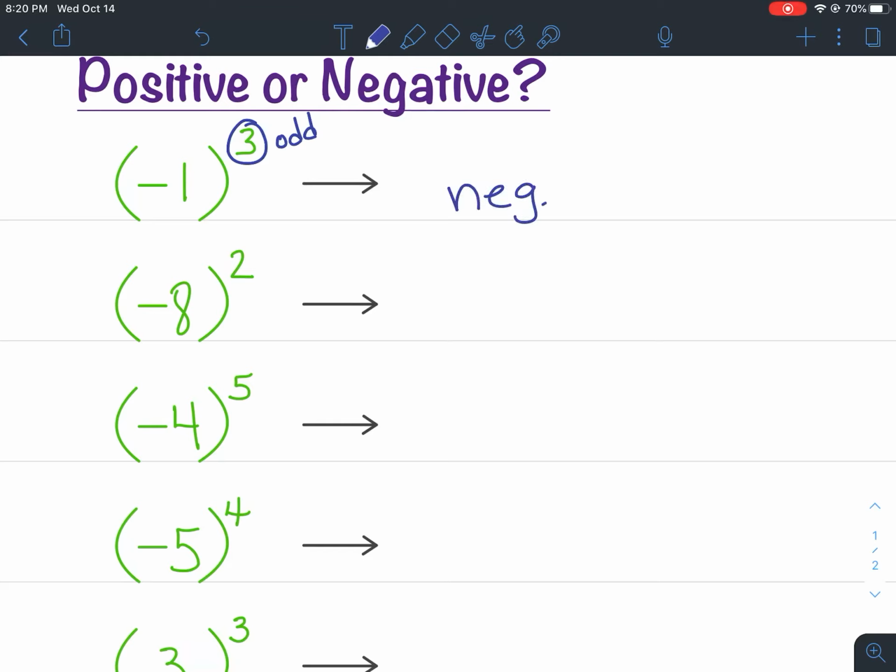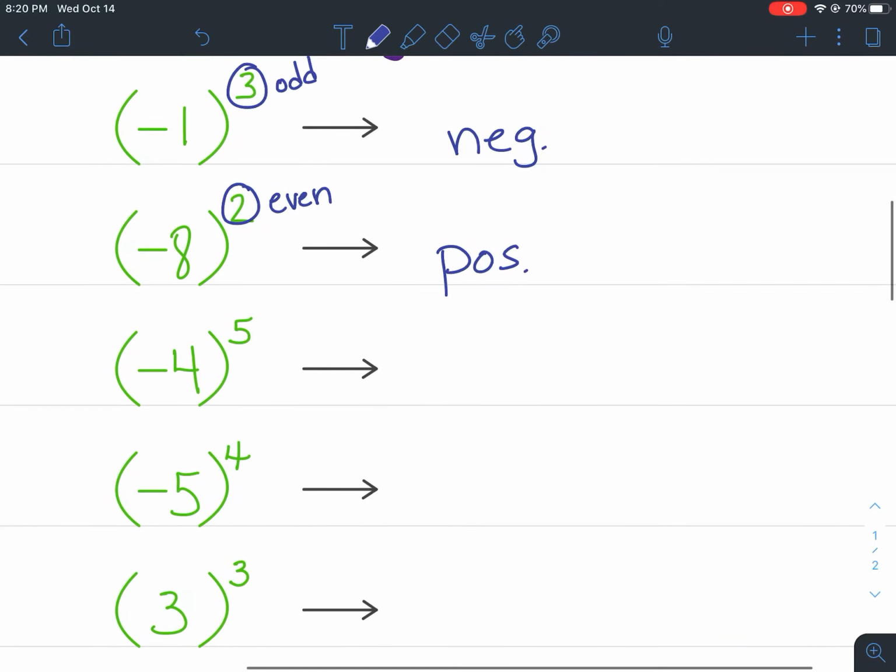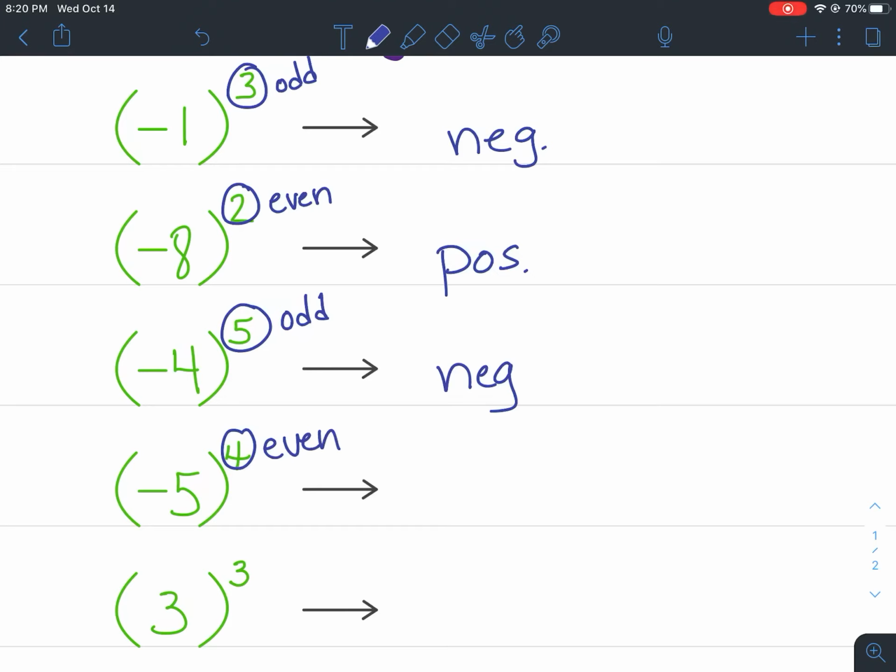For the second one, my base is a negative number, but this time my exponent is even. So the result will be positive. I've got a negative base with an odd exponent, so the result will be negative. A negative base with an even exponent, so my result will be positive.